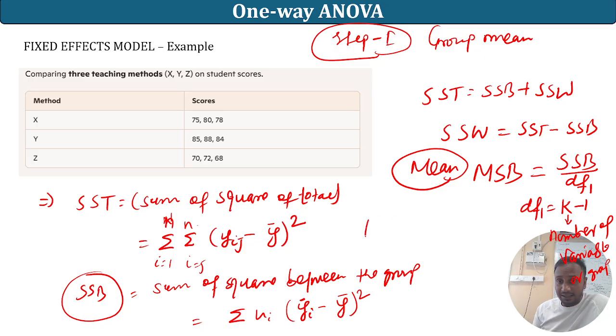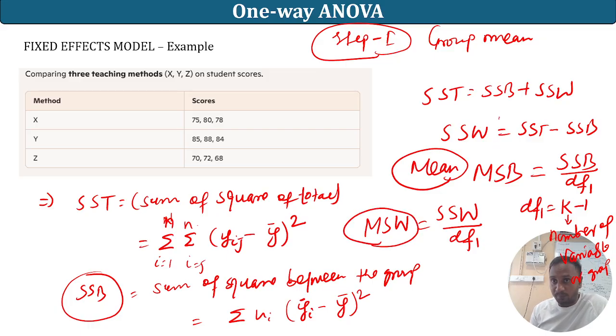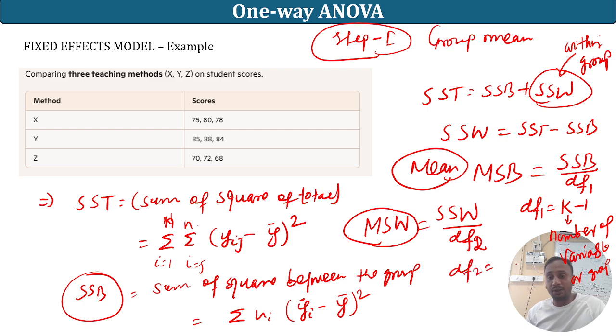Then MSW is SSW upon degree of freedom 2. MSW is within the group. So what will degree of freedom 2 be? Within means total number of samples minus the number of groups. So N minus K.